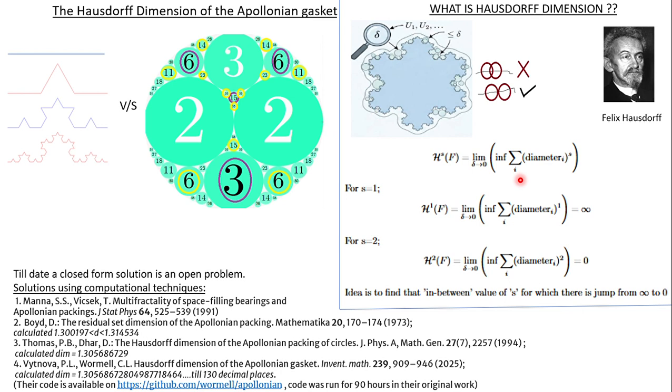See these are circles, and in the limiting case the diameter tends to 0, and what power of the diameter of the circles will cover this entire perimeter.